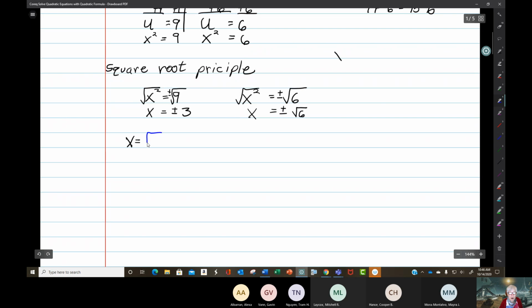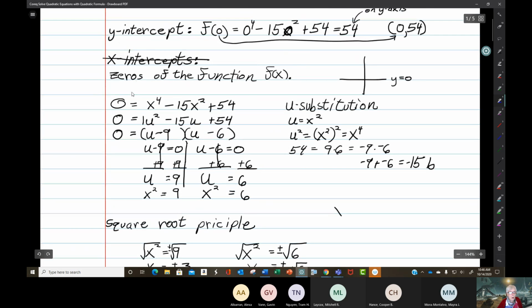Your zeros are. That's what I need to say. Well, X equals -3, +3, negative the square root of 6, and positive the square root of 6. That's what X equals. And in particular, that's what X equals when you set Y equal to 0.